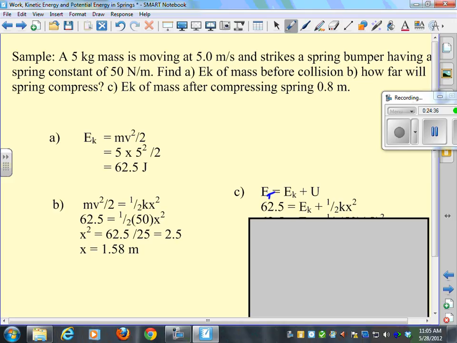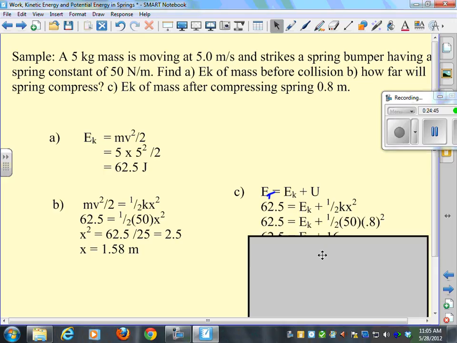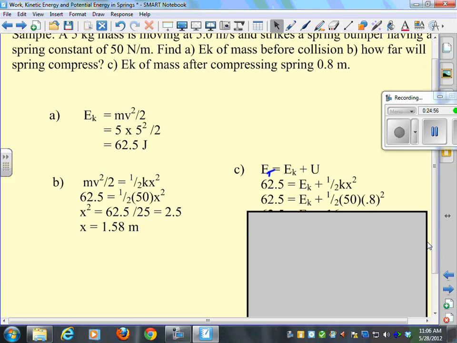The kinetic is what we're trying to find. The U is what we're going to know eventually. So I'm going to put 0.8 in for my x, and my 50 is my k. That's how much potential energy the spring is getting, and whatever's left over should be kinetic.